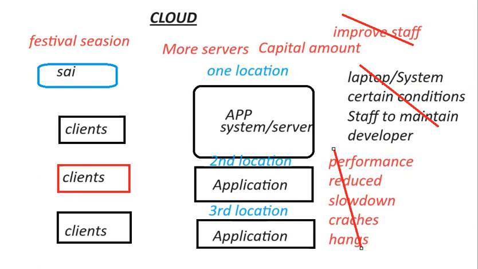Coming to cloud, a cloud service provider maintains those data centers. The company owners using cloud services are not responsible for staffing or maintenance of those buildings or the servers present in them.